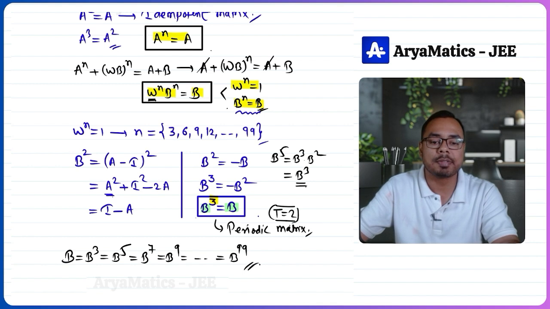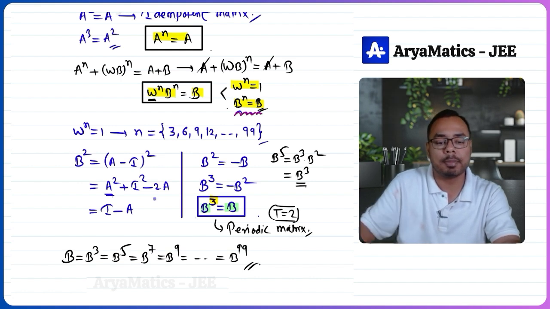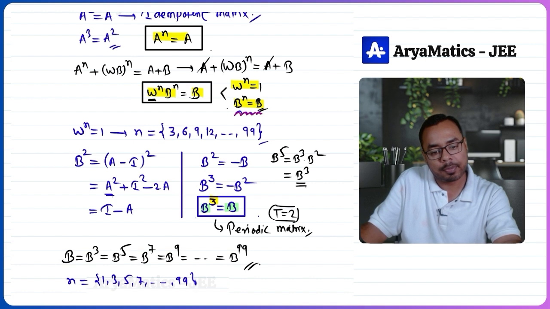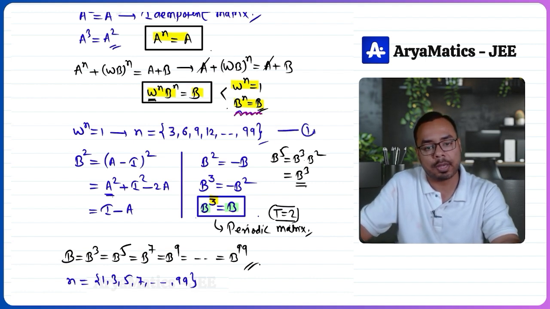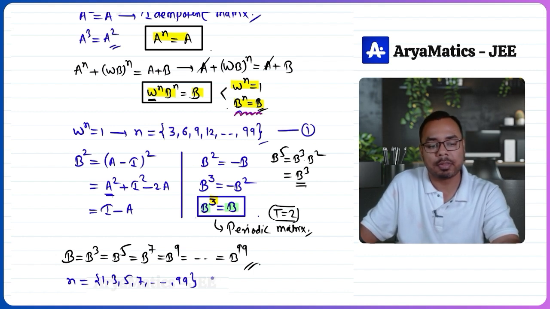So if I have to satisfy the second condition that B raised to n should be the same as matrix B, then n must be any one of these numbers. n has to be either 1 or 3 or 5 or 7 or 9 up to 99. Right, now let us call this 2. If omega raised to n is 1, then n must be a multiple of 3, and let us call this 1.